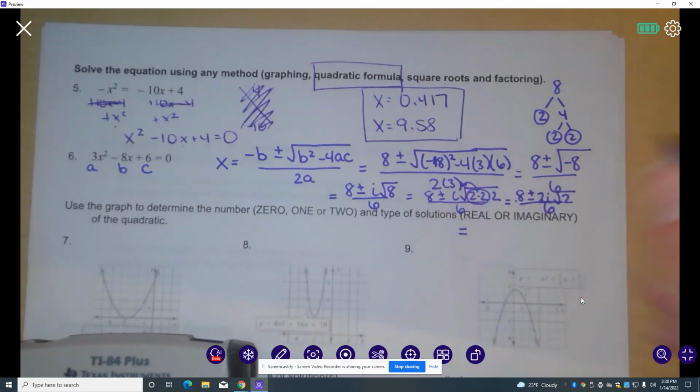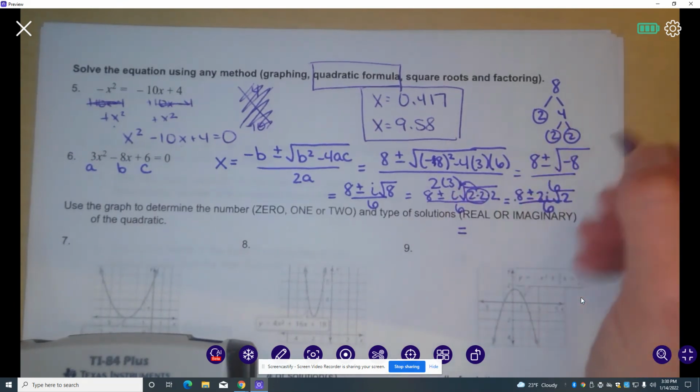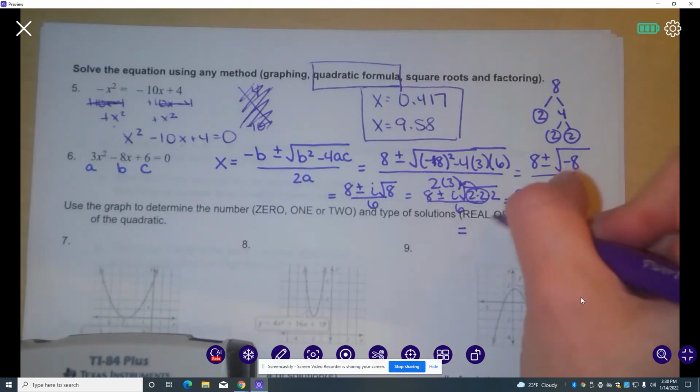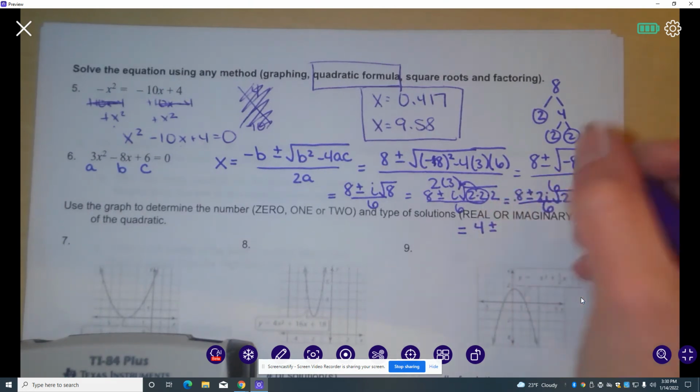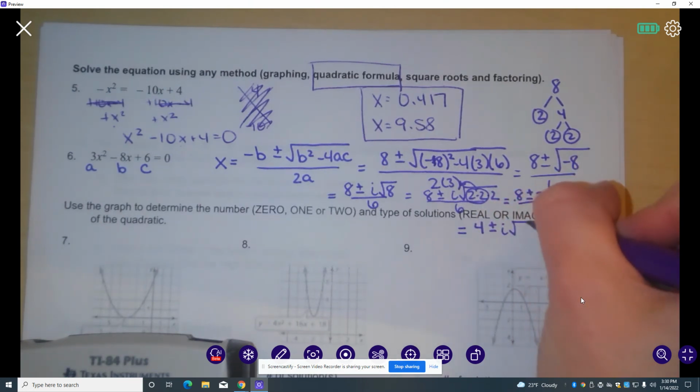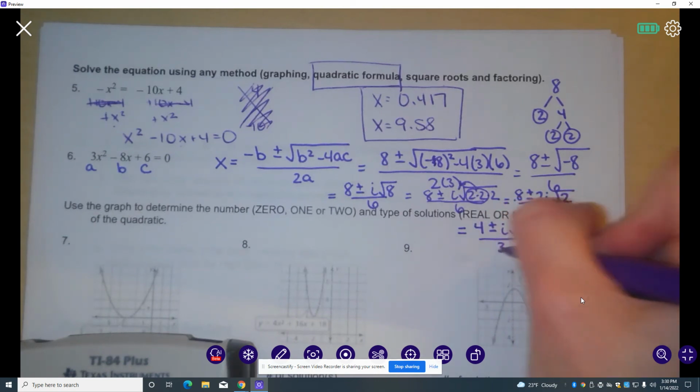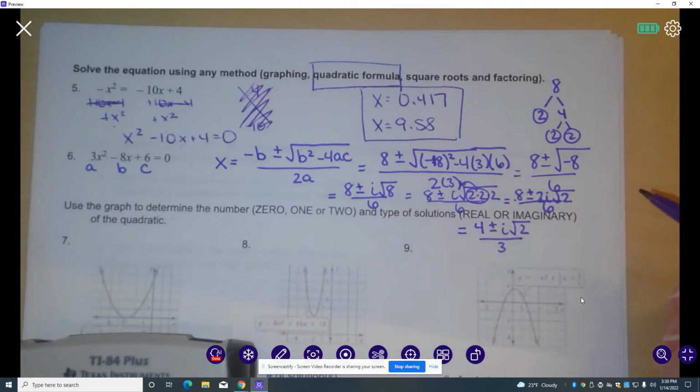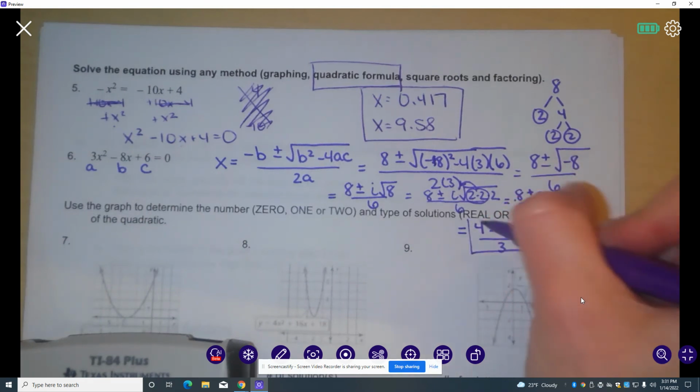So this is equal to, okay, 2 goes into 8 4 times, 2 goes into 2 once, and 2 goes into 6 3 times. All right, and I'll leave my answer just like that.